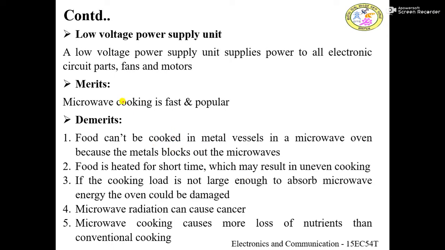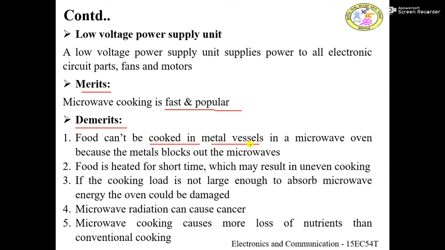Next one is the merits and demerits. As we know, a microwave heats or bakes the food from inside to outside. Obviously it will be a fast and popular one. It consumes very less time to cook the food. There are a lot of demerits as well. Food cannot be cooked inside metal vessels.